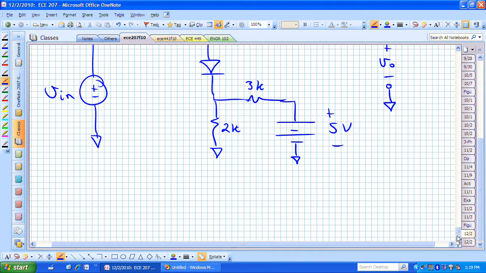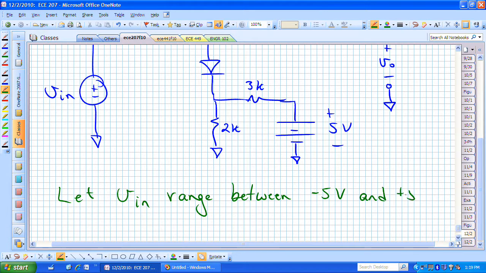And in particular, they tell us, go ahead and let VIN range between minus 5 volts and plus 5 volts.